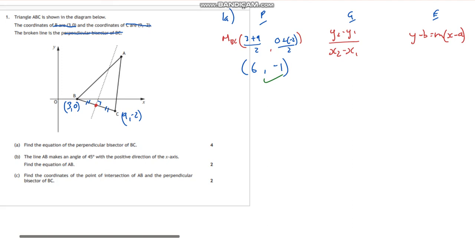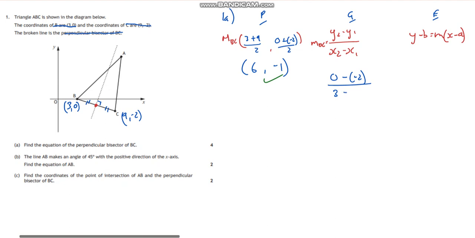So I'll say that m BC, the gradient of BC, is equal to y2 take away y1, divided by x2 take away x1. So that's going to give me 2 divided by negative 6. So that's negative 1/3. And the perpendicular gradient will therefore be positive 3. And that is worth 2 marks. We get this and this.